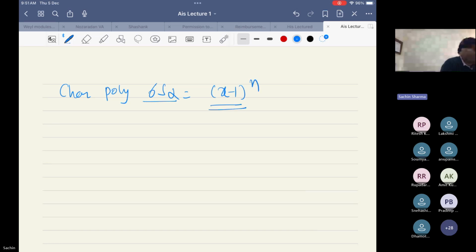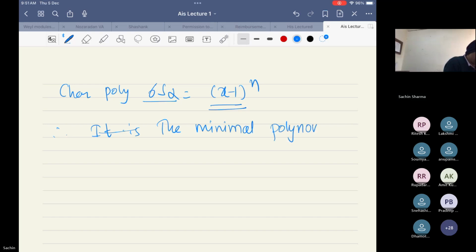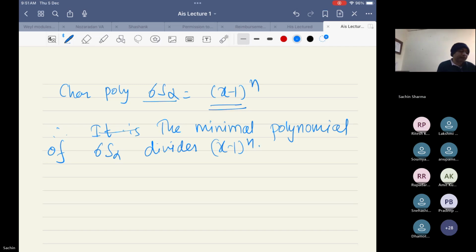Okay. Yeah. And so the minimal polynomial of sigma S alpha divides x minus 1 raised to that power. But the minimal polynomial of sigma S alpha also divides some other polynomial.